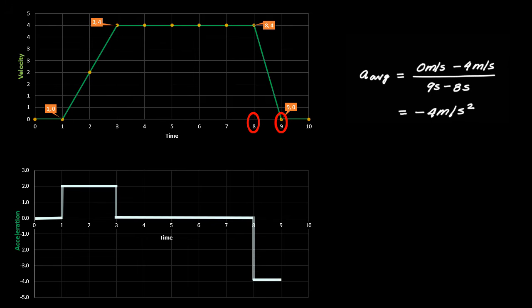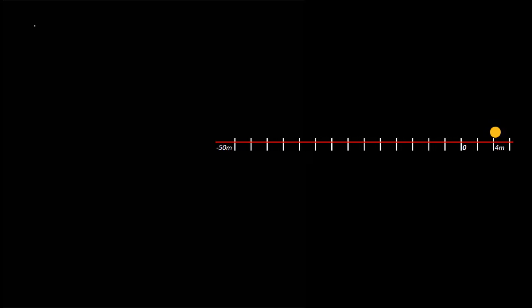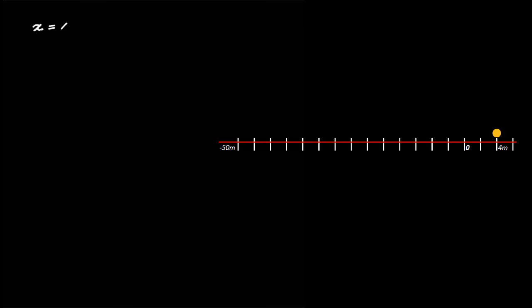Now let us attempt one final problem that will bring everything together. So what we have here is a particle whose position changes with time and is given by the following equation, that is x is equal to 4 minus 27t plus t cube, where x is in meter and t is in seconds.